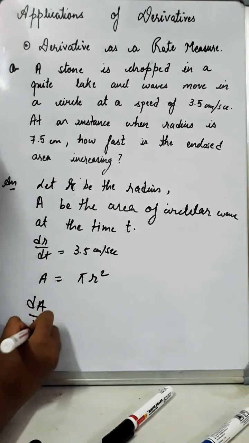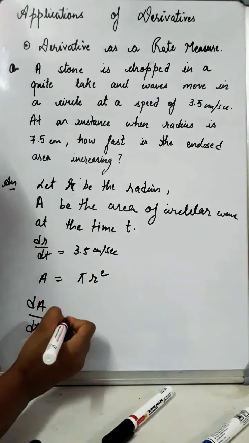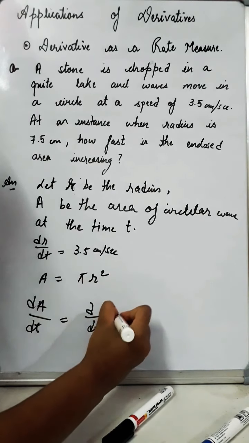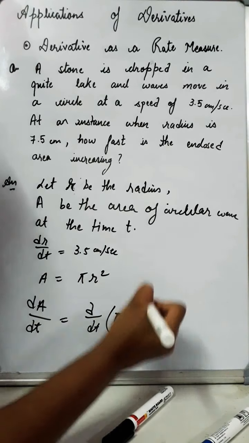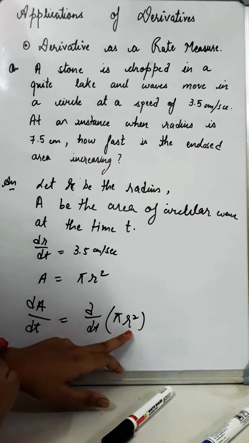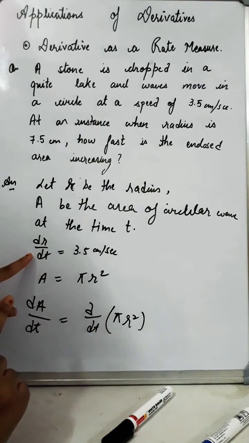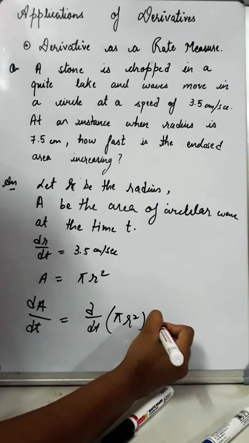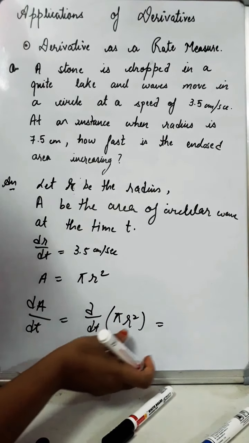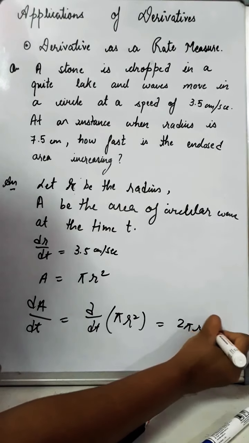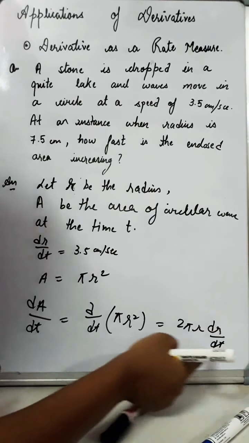dA by dt. Now you see, this is basically d by dt of pi r square, right? Now don't make the mistake of treating r as a constant. R is directly related to t. R and t are related here. So you will apply the chain rule here. When you differentiate this, this is 2 pi r. And dr by dt, further r will be differentiated with respect to t.